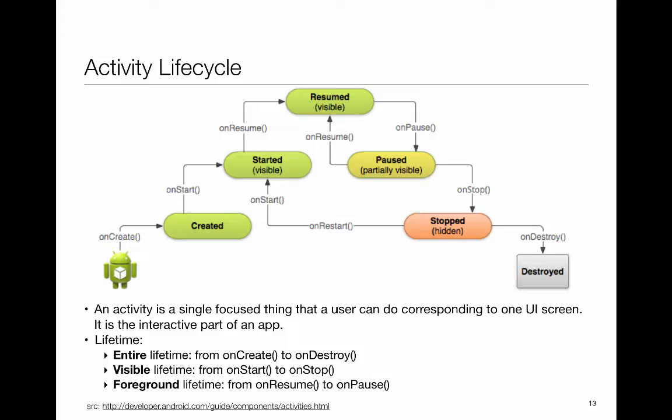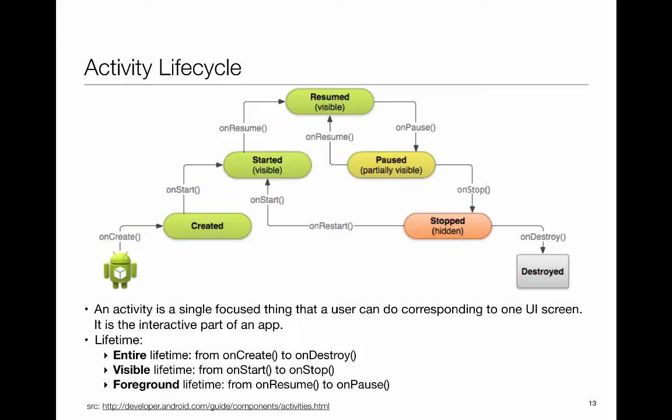The second state is called visible. It's defined from onStart to onStop. Visible could be partially visible or fully visible, but it doesn't have to be in the foreground or able to interact with the user. And the final state, or the most common state, is the foreground state. This means it is able to interact with the users, and there's nothing hiding this activity.